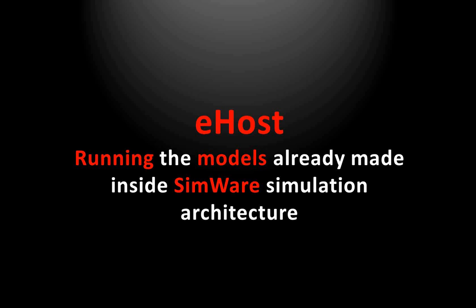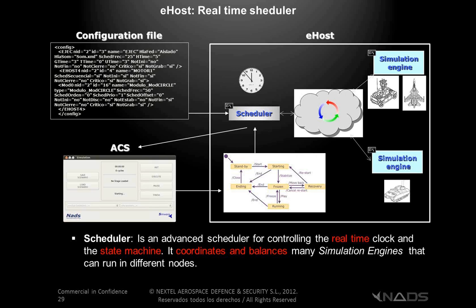Now we are going to talk more about eHost, because it's the key element for controlling these models. Well, the idea is that we have a scheduler, and the scheduler is used for controlling the real-time clock, for the state machine, and for creating, modifying and deleting these models using the simulation engines.